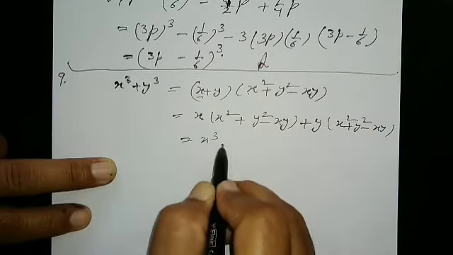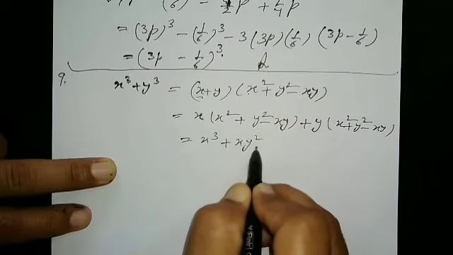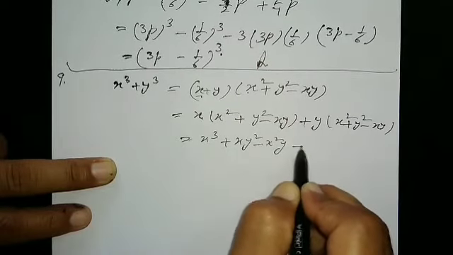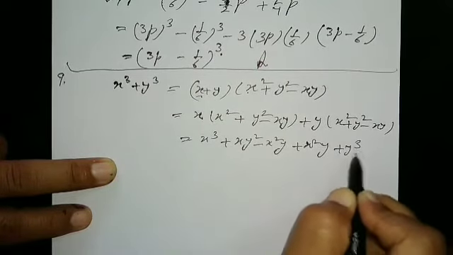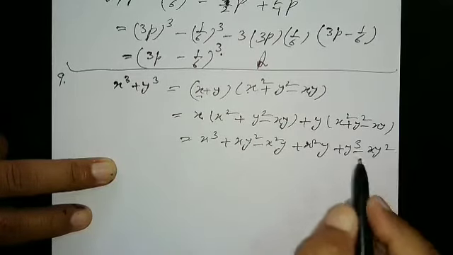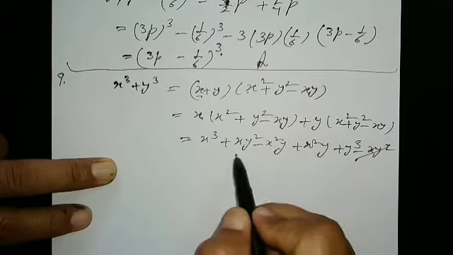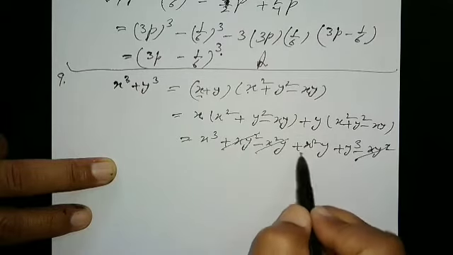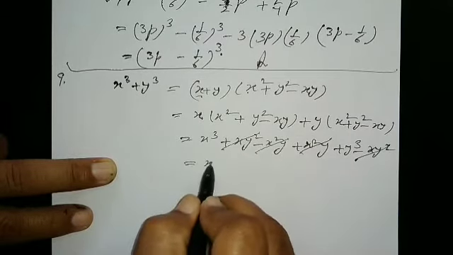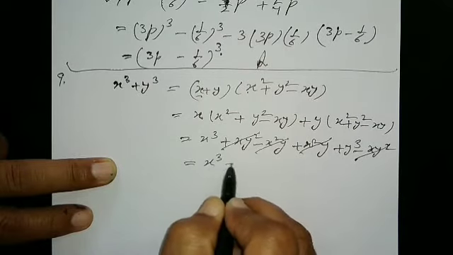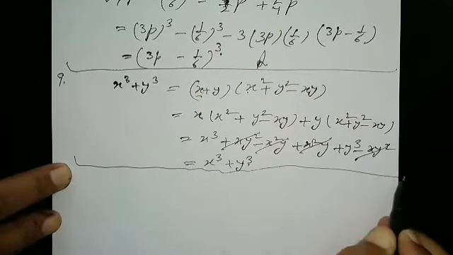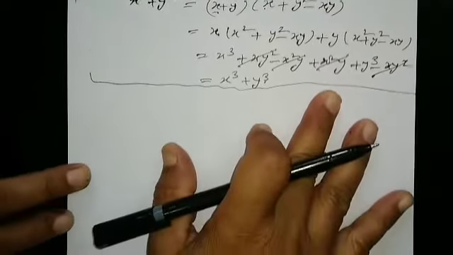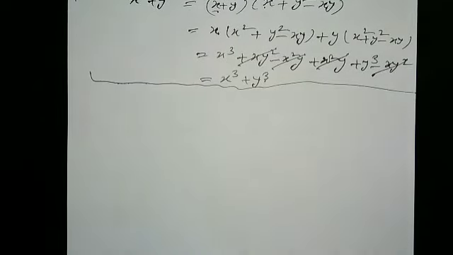You will get x³ + xy² − x²y + x²y + y³ − xy². The negative and positive cancel, and you have just remained x³ and y³. So nothing is difficult.